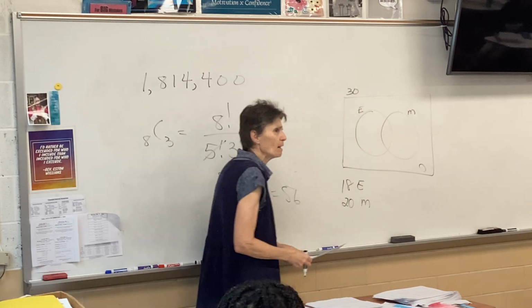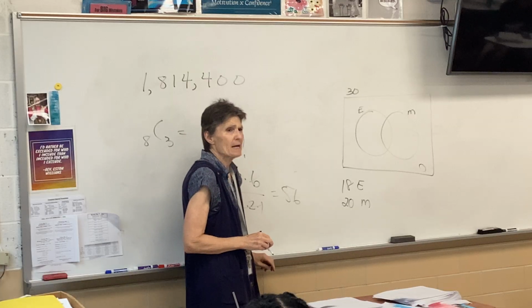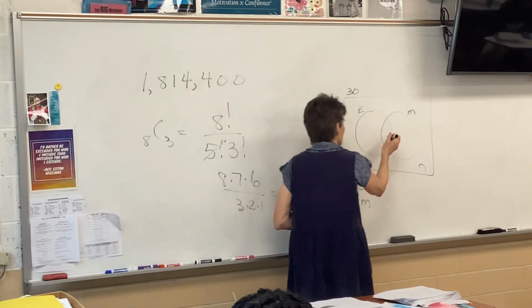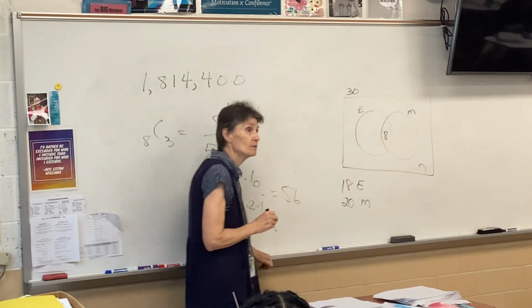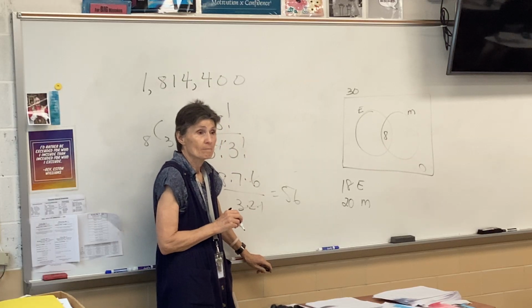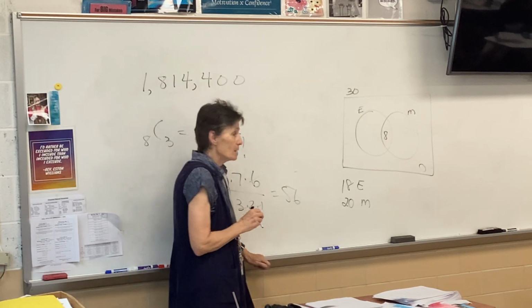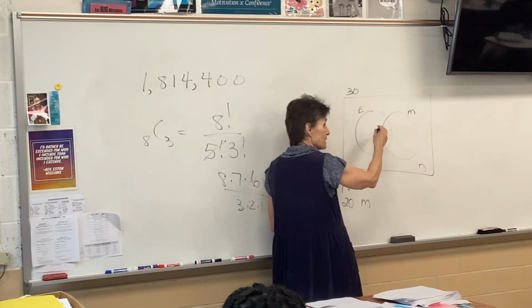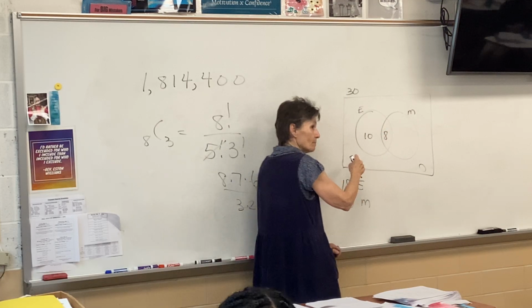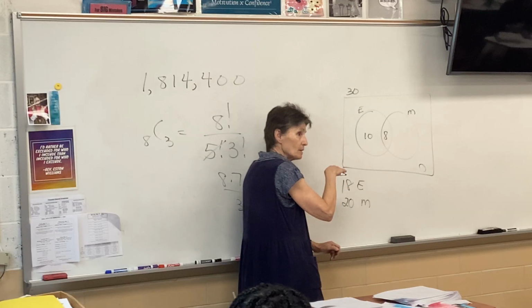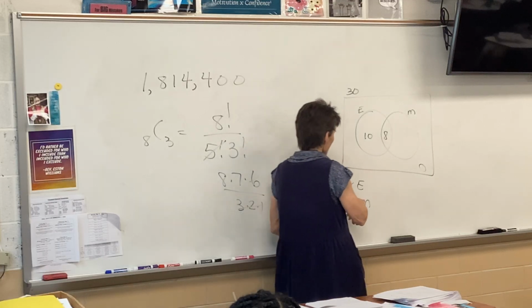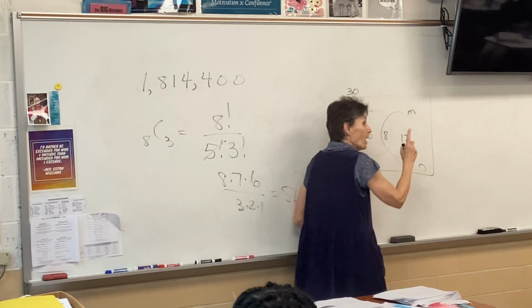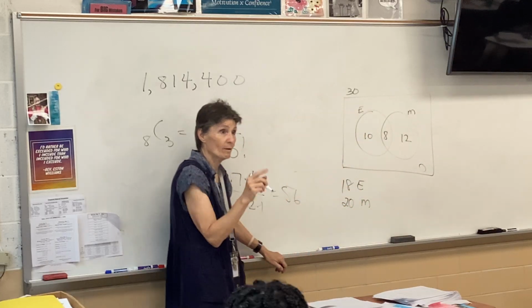What does that add up to? 38, which means 8 of the darlings like both. If the whole English ball is 18, and we got 10 over here that only like English, and this is 12, there's where that 12 came from. There's 12 that like math.